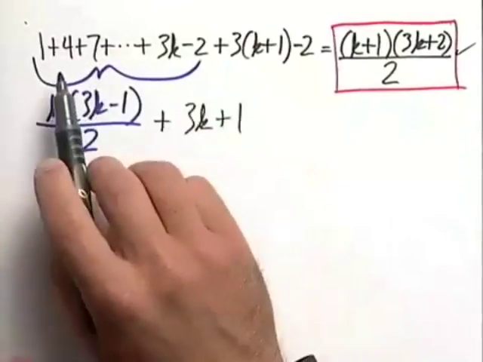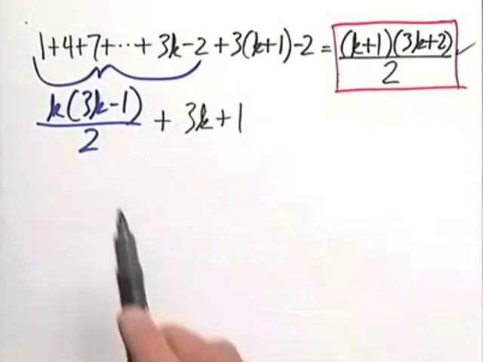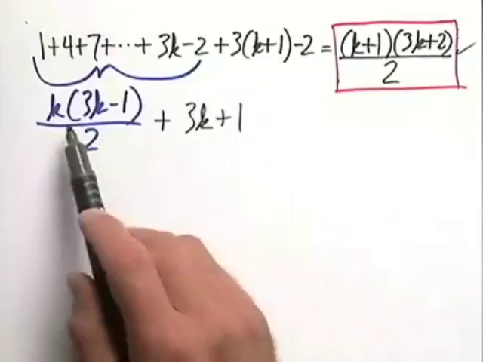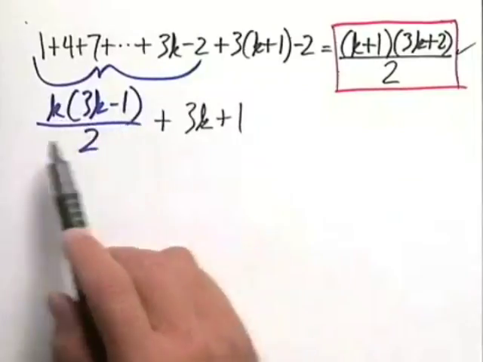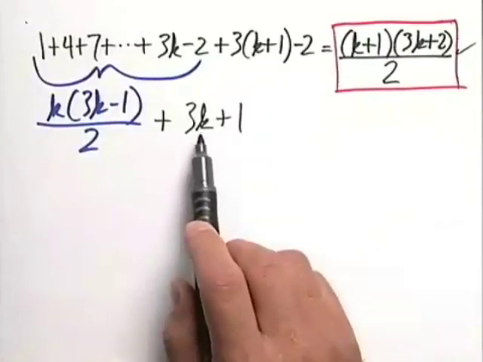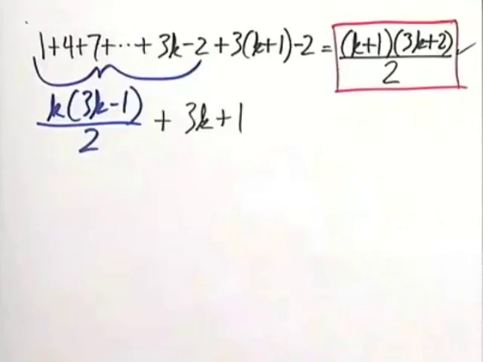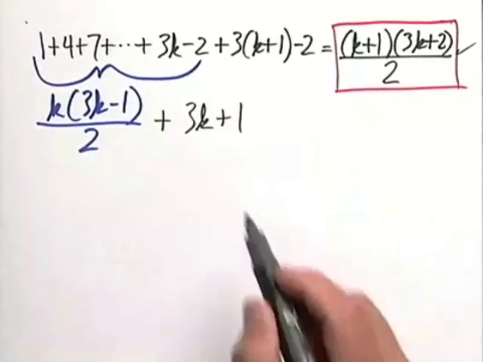Now let's look at this part of the problem. This was our kth term, and we assume this to be true. So this was our induction assumption. We can substitute in k times 3k minus 1, all over 2, for those first groups of expressions there. And then we end up with a 3 times k plus 1, minus 2, to give us a 3k plus 1. So now from this we need to get a common denominator of 2.